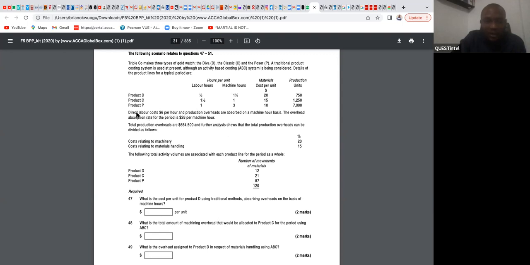So we've not done the labor and the material. So what's material cost? They've given us material cost per unit directly. So let's go back. Our material cost per unit is 20. That one is sorted.